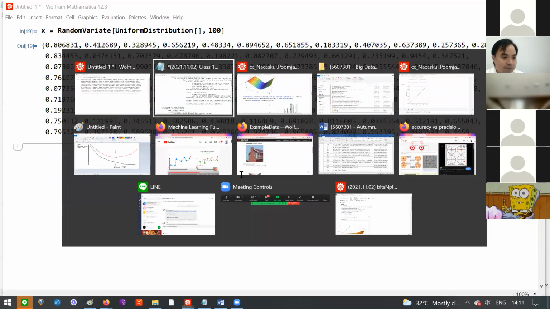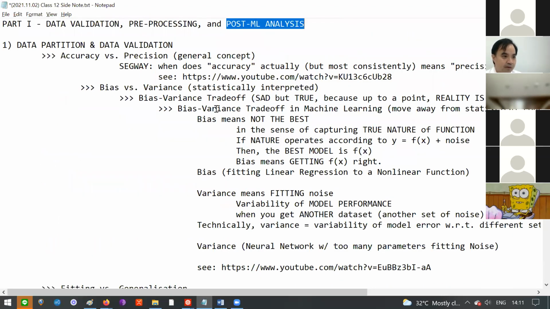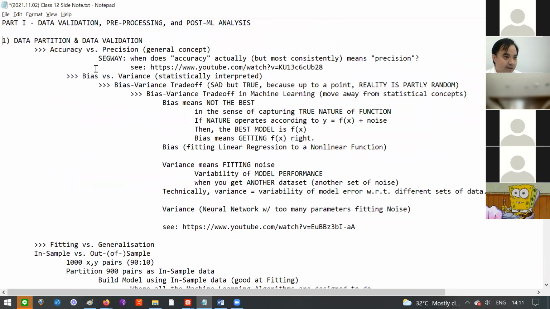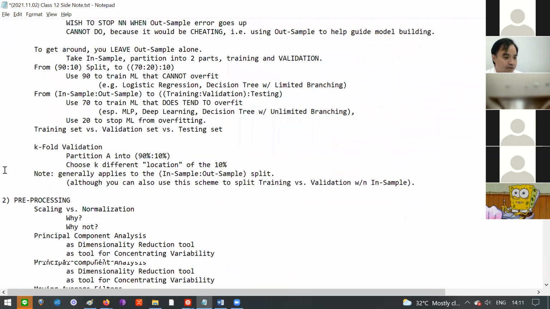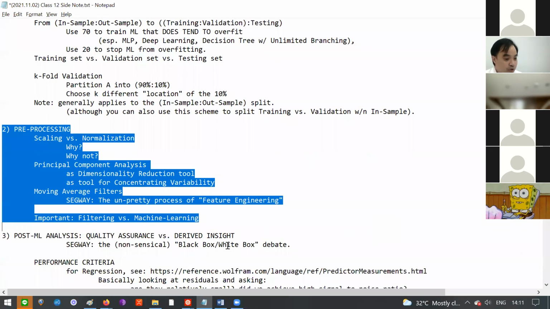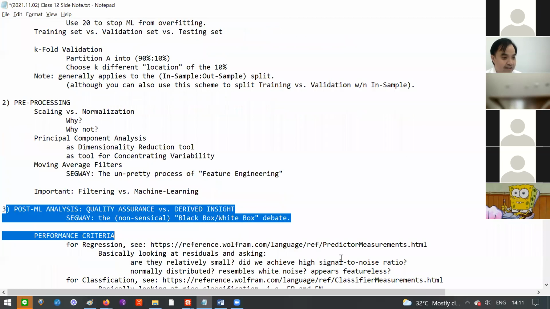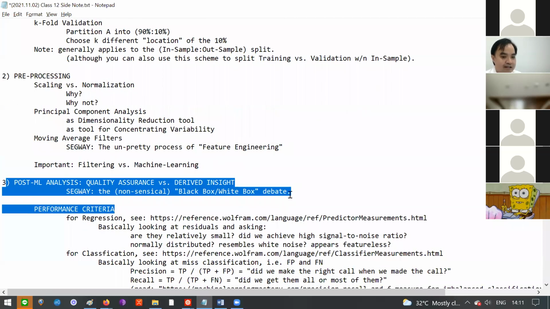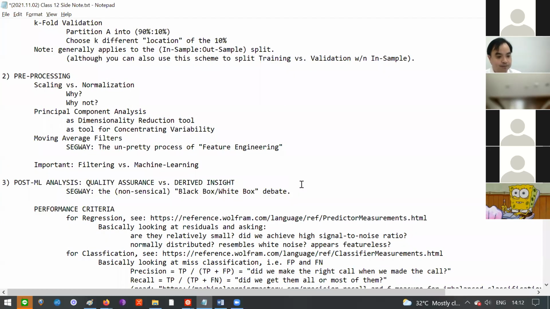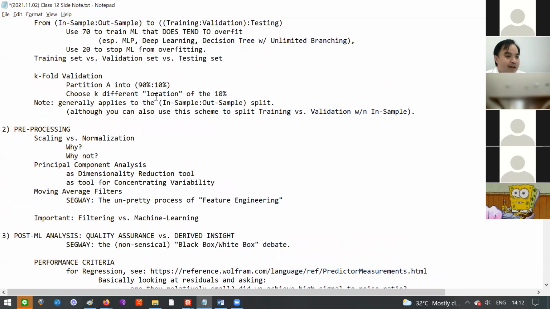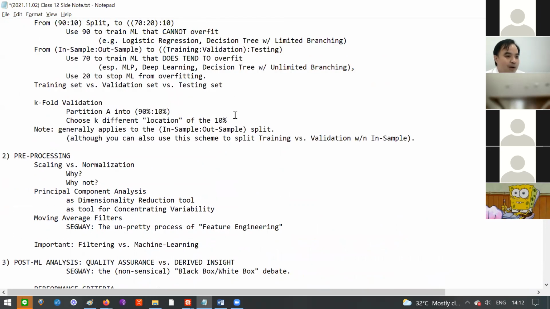Now, I'm going to skip number 2, the discussion on pre-processing, and talk about post-analysis. Why? Because post-analysis has two parts, and the first part is very much related to this in-sample, out-sample split.